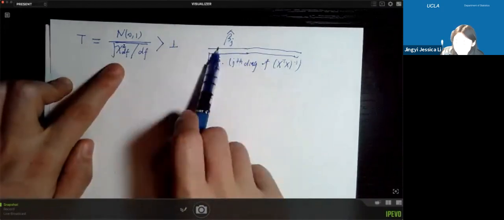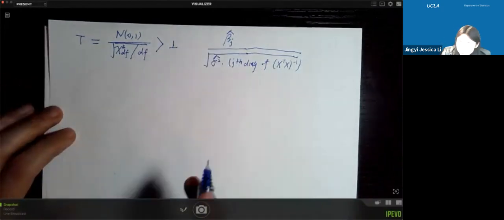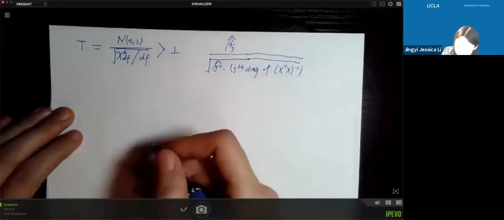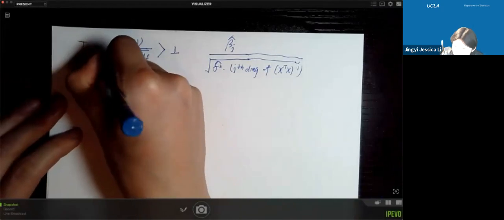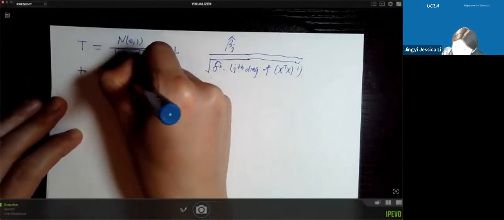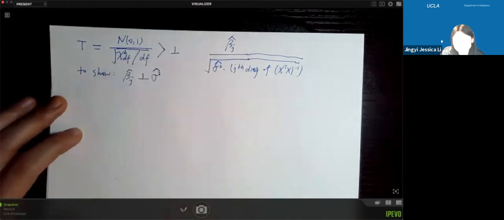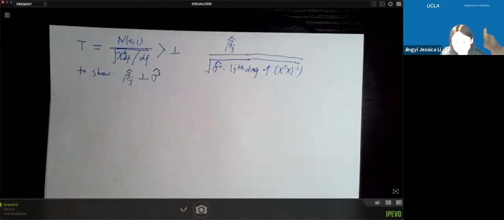This is easy, but the key thing is to show independence. To show the independence, we need to show beta hat j is independent of sigma square hat. How do we show that? This is something quite interesting to know.